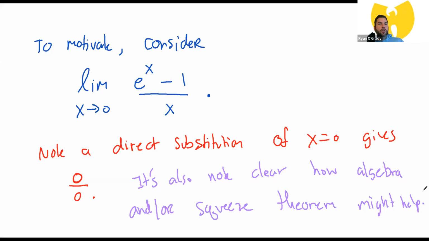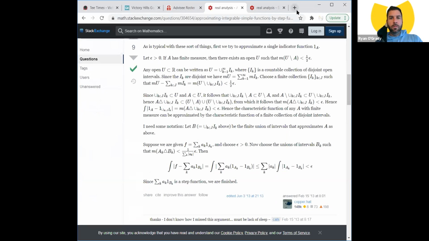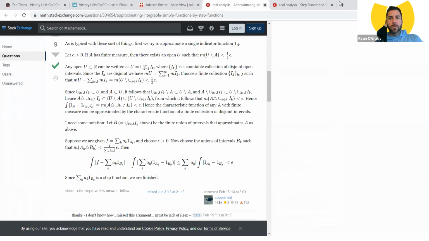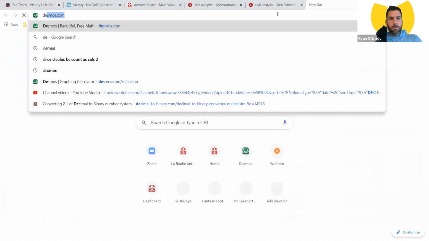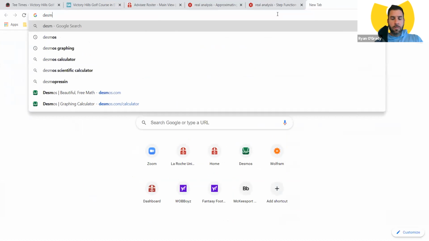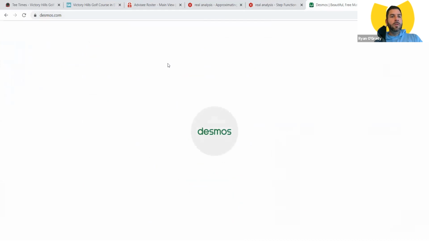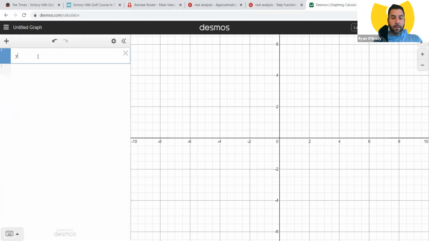If we were to look at the graph, we can do that right now in Desmos. I graph this thing, and it looks like there's a limit.